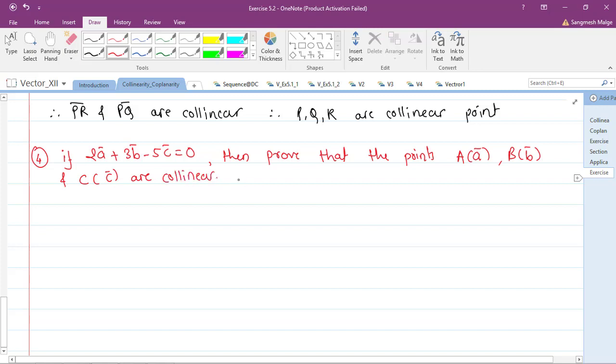The hint for proving collinearity is given indirectly. Hence find the ratio in which the point C divides the line segment AB.